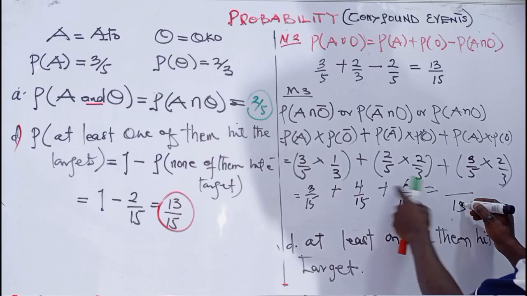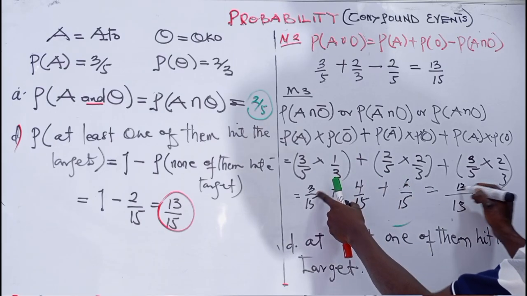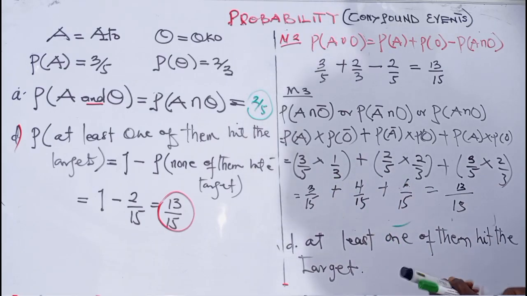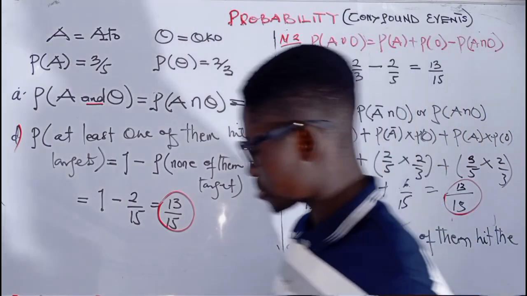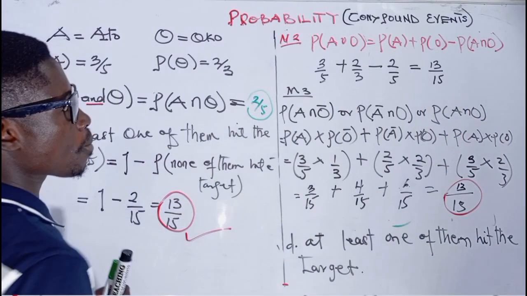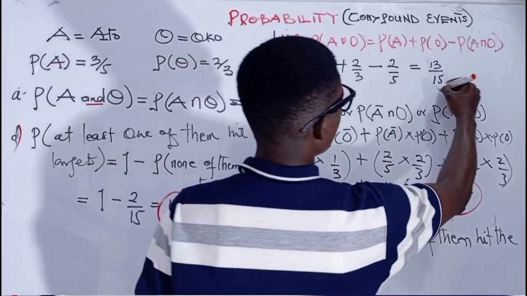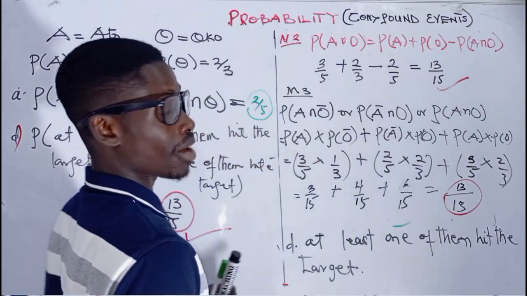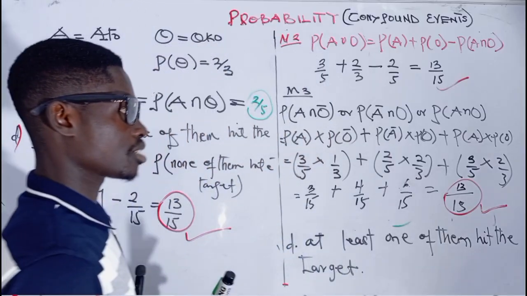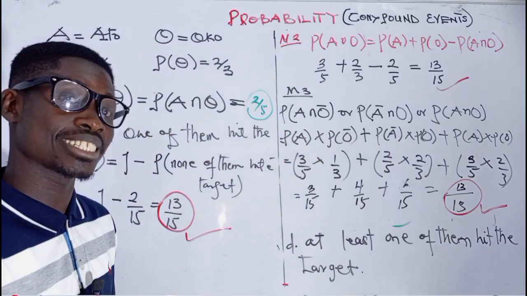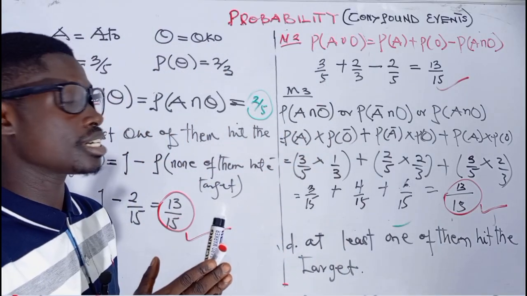This is going to give us 10 plus 3, we have 13. So we have 13 all over 15. So we can either use the complementary rule, we can also use the addition rule, and then we can also use our intuitive understanding of probability to help us solve for at least one of them hitting the target.